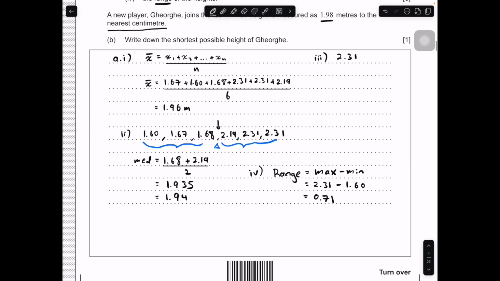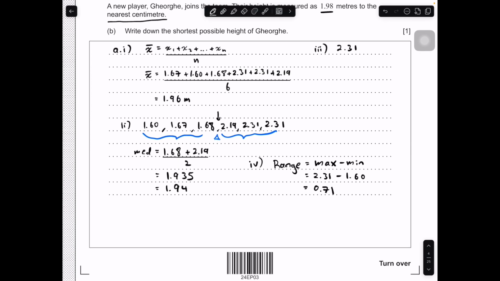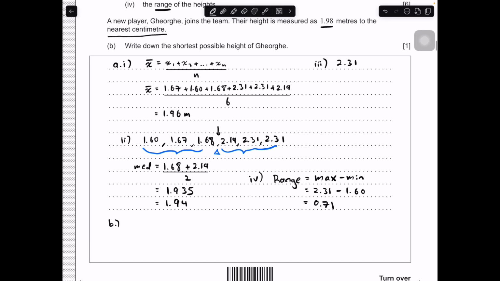I guess I'll write it down here. So this is part B, if there's enough space. So George is 1.98 meters, and we want to find the shortest possible height of this individual basketball player. I'm running out of space here, but we know that 1 meter is equivalent to 100 centimeters.